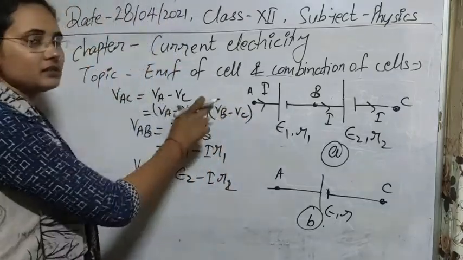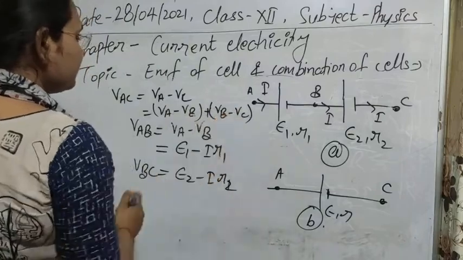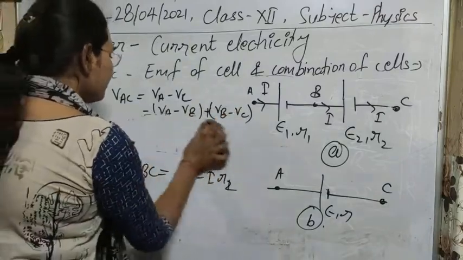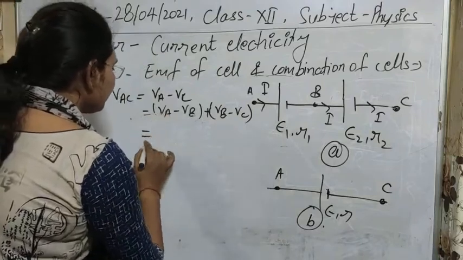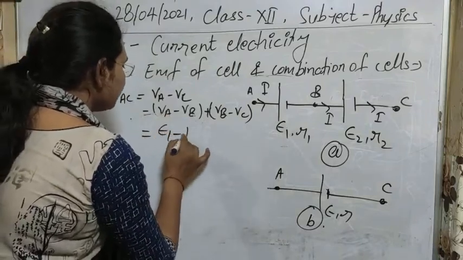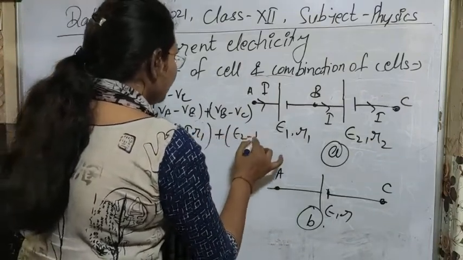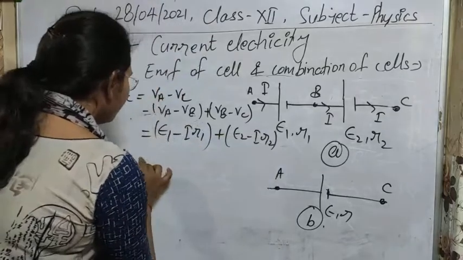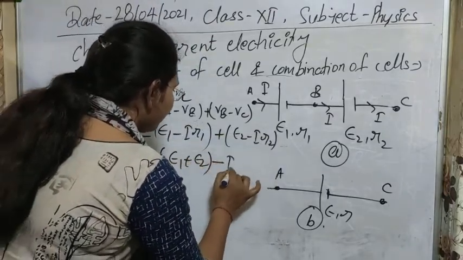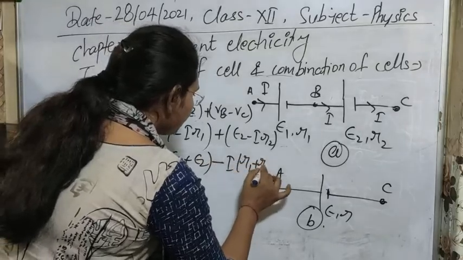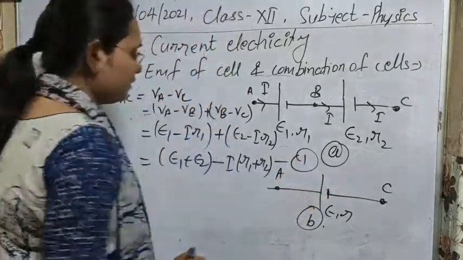Using these two values, this is equal to epsilon 1 minus I into R1 plus epsilon 2 minus I into R2. Taking epsilon at one place and I at one place, this is epsilon 1 plus epsilon 2 minus I into R1 plus R2, and this is equal to VAC. This is our equation number 1.